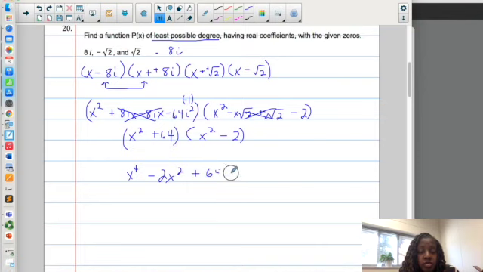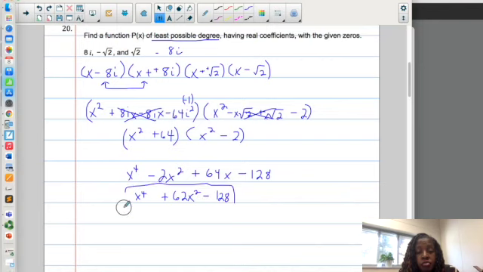And 64 times negative 2 is negative 128. You can always check that in the calculator. Do not trust your mind. It lies. All right, so x to the 4th, negative 2 and 64 make a positive 62x squared minus 128.